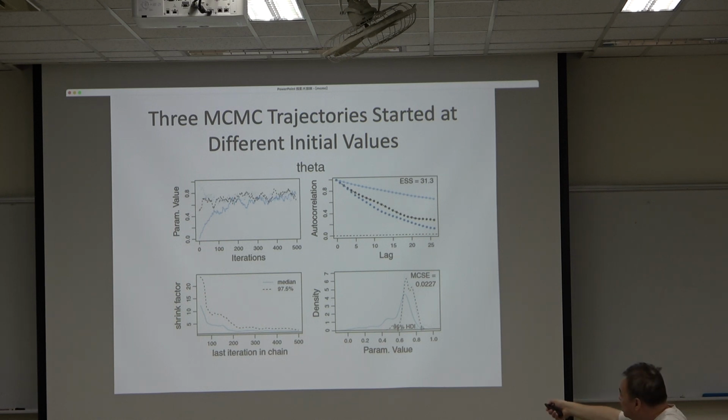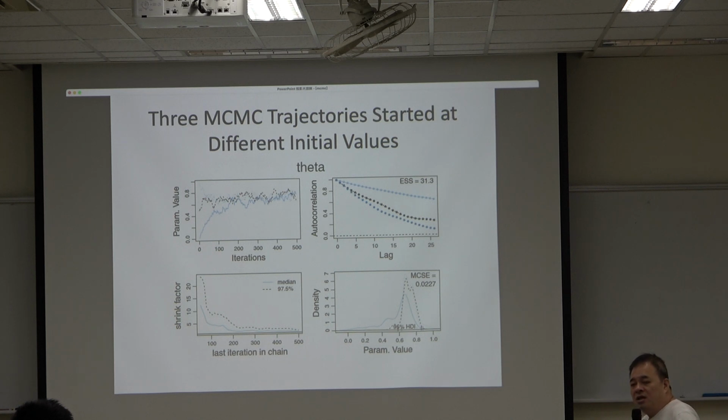But you can see, before 400, 500 iterations, these three chains are still very far apart from each other, right? And that's nature.